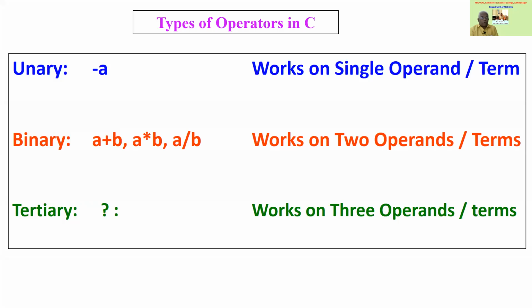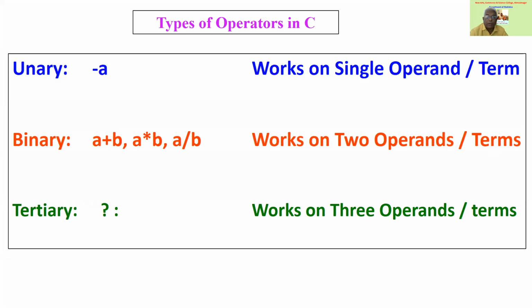If you go to the other operators like plus, star, slash, then it is A plus B, A star B, A slash B. It requires two operands. It requires two terms. And that is why this is called as binary operator.